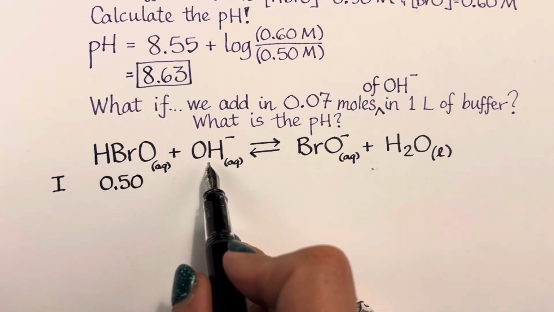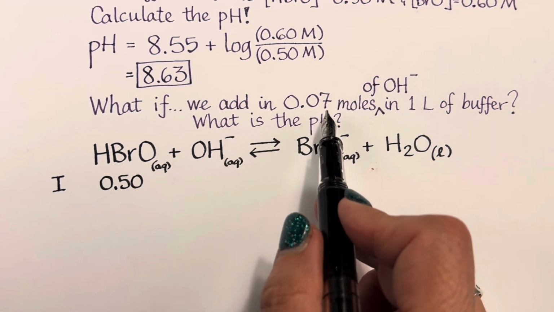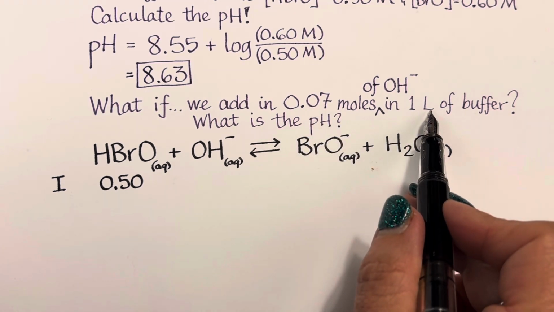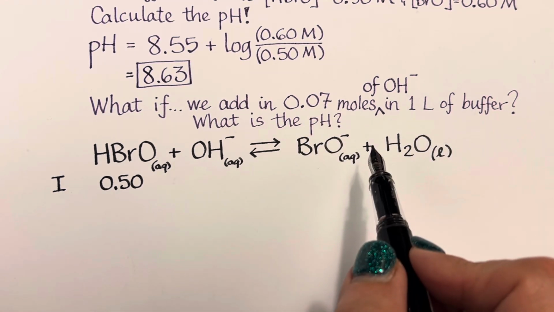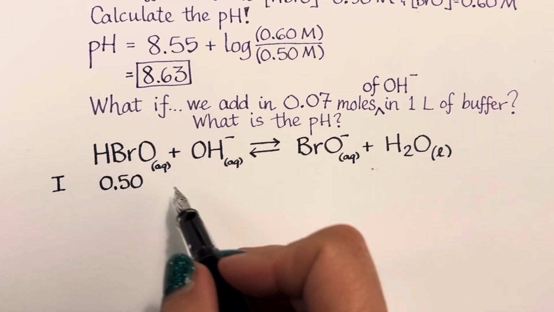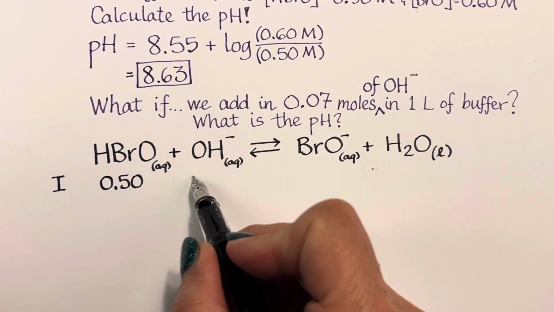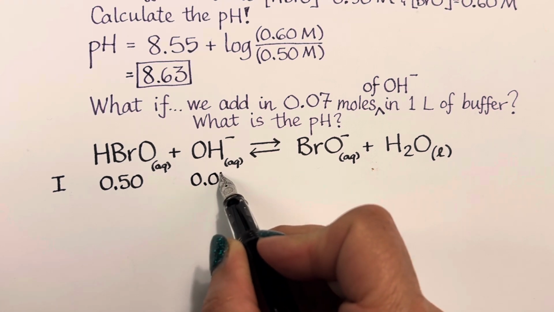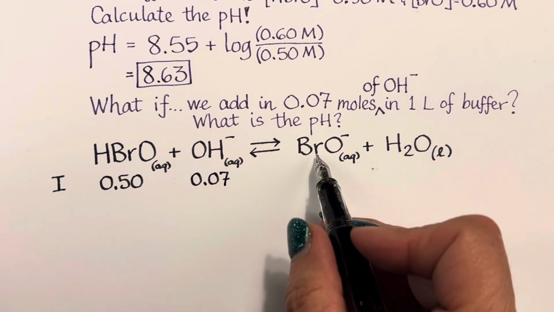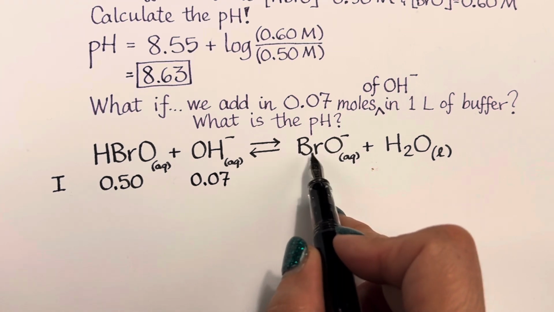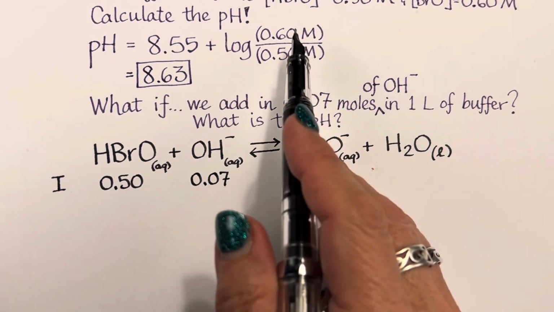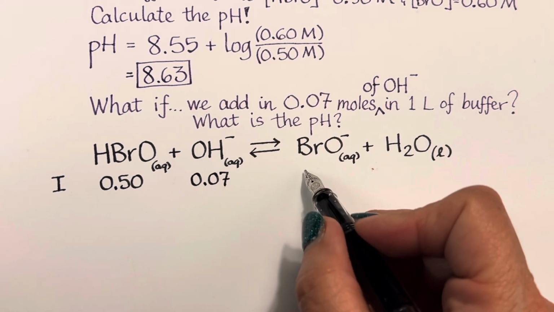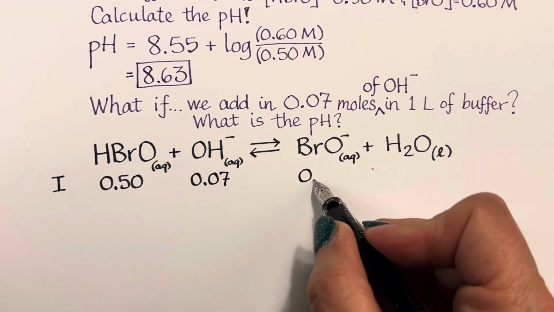We were told that someone snuck in and added 0.07 moles in this liter of buffer. So that's the concentration in moles per liter. And in terms of this conjugate base, BrO minus, this buffer started out with 0.6 molar. Okay, so this is our initial situation.